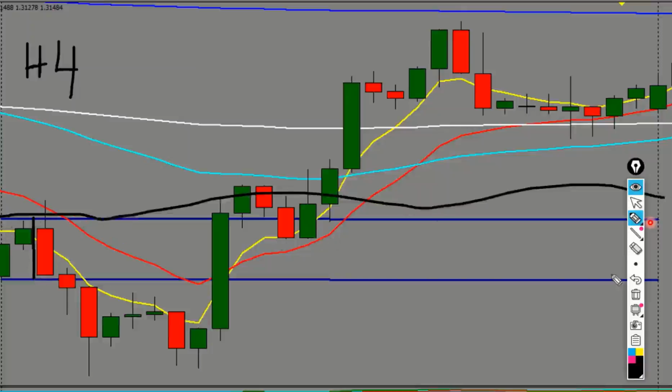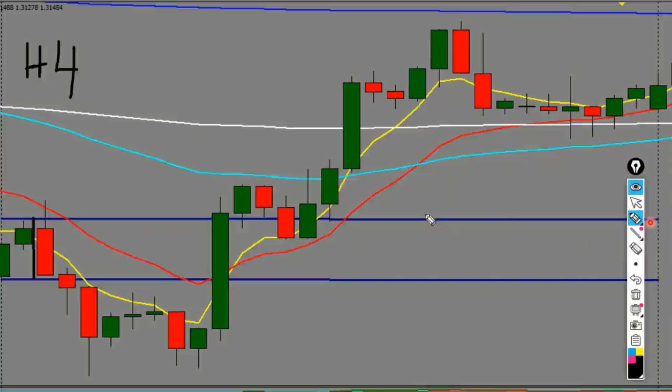It's hard, guys, to draw a straight line. You can see this line, I already drew it. I draw at the low of the other candle and at the high of the first 2 candles of the week. The first 8 hours of the week is here.